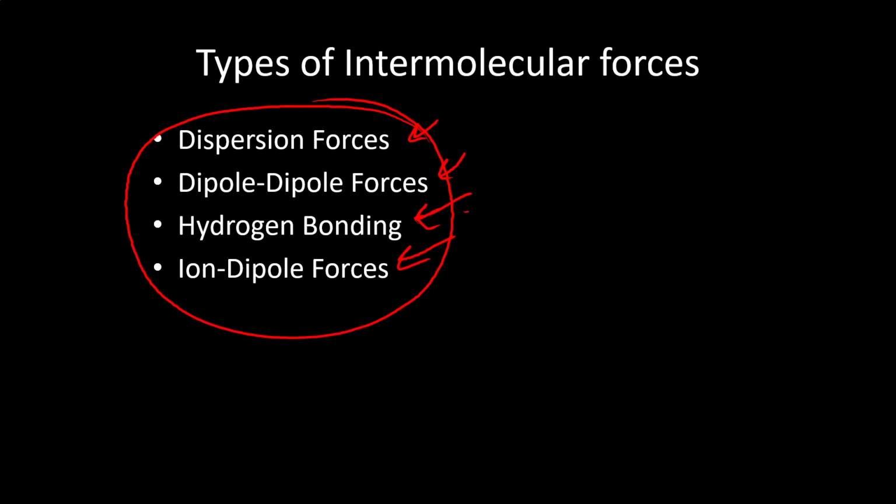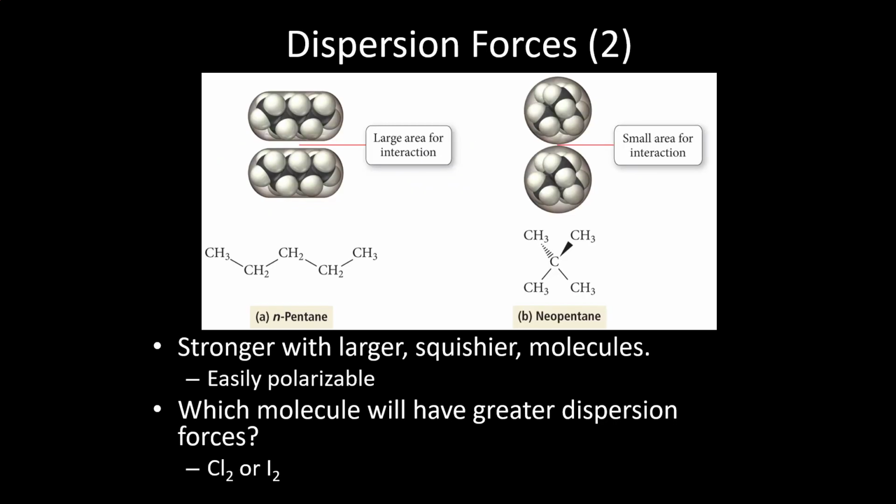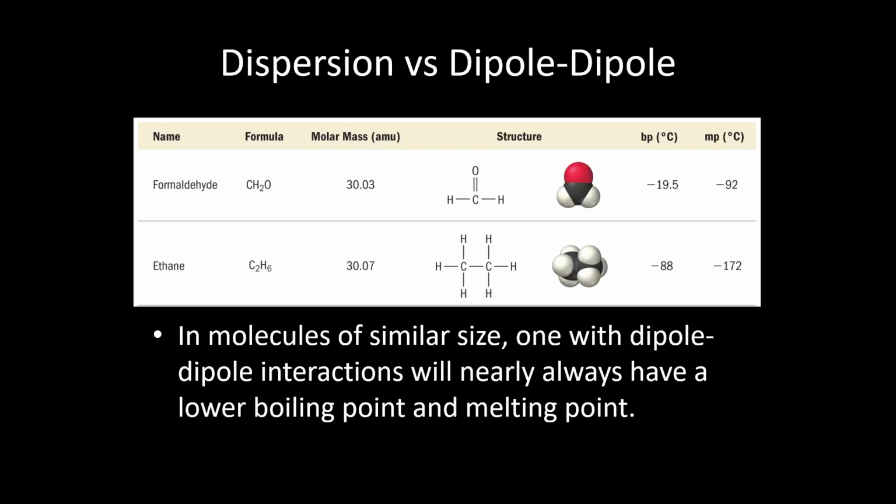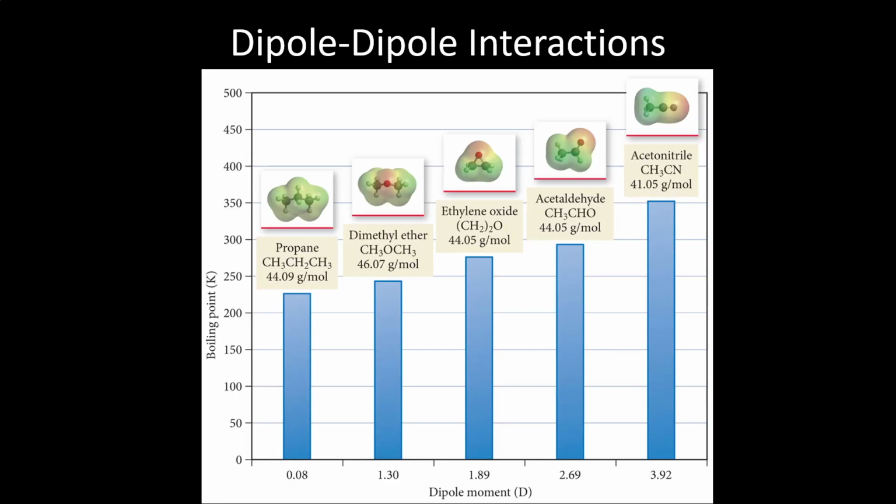So the first one there, dispersion forces, everything can have that. So that should be an answer on every single one of the molecules that I give you. Dipole-dipole: you will need to know how to recognize dipole-dipole forces when those are possible in a molecule.